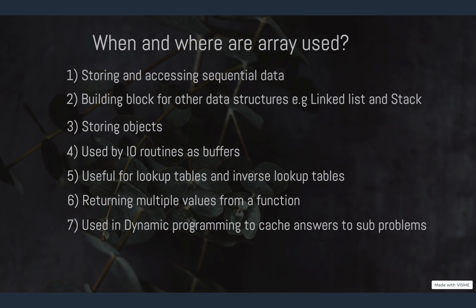Suppose you have a really large file that you need to process, but that file is so big it can't fit all in memory. We use a buffer to read small chunks of the file into the array one at a time, right? And so eventually we are able to read the entire file.